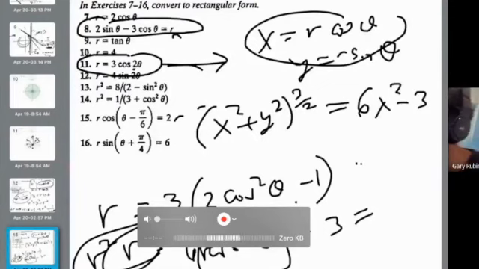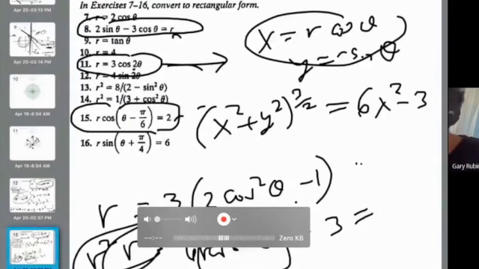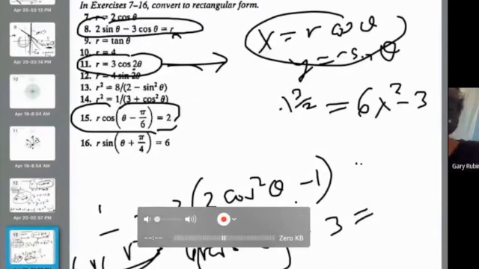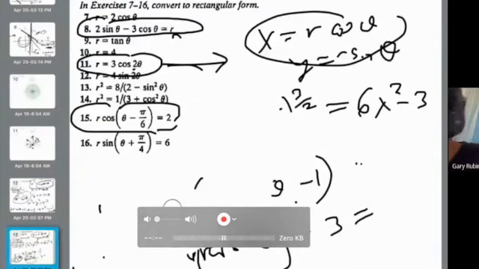If you look at number 15, this is the last question of today. Look at number 15. What do you think is going to be the key to making some progress on number 15?